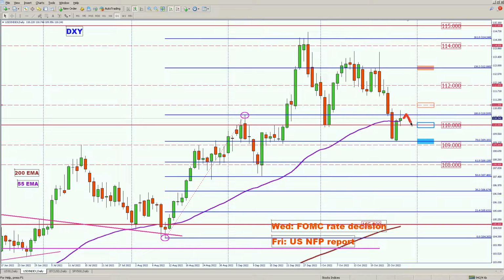So for the moment, it seems like it's possible to find support and try to break out higher and likely stay neutral for the week around the 111. So in between the 110 and 112 range.